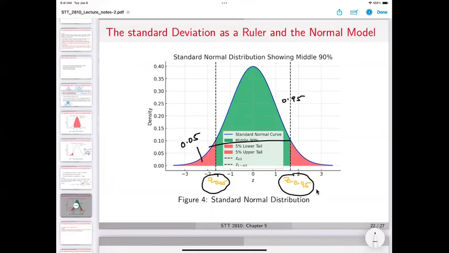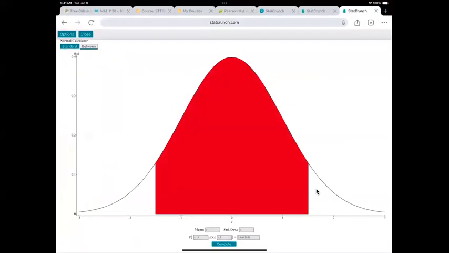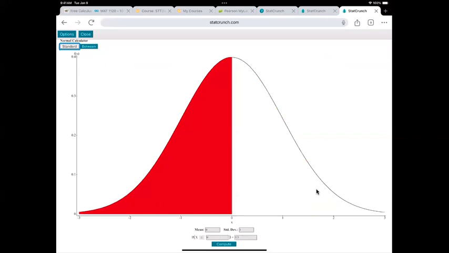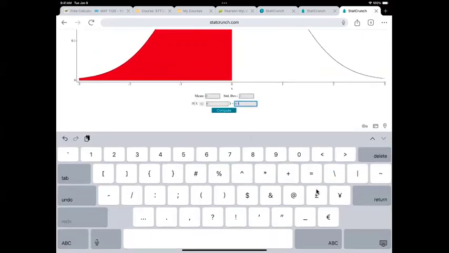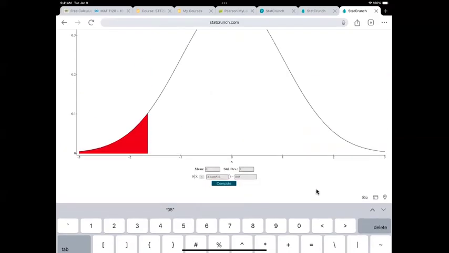So let's get to StatCrunch. So we are in StatCrunch. Let's get to standard. So now make sure that you have your mean to be 0, your standard deviation to be 1. And then in place of the 0.5 here, put the area. The first one is 0.05. Is that okay? And then you hit compute.